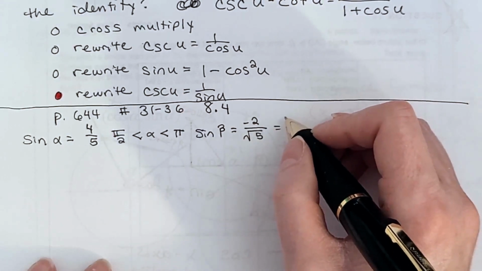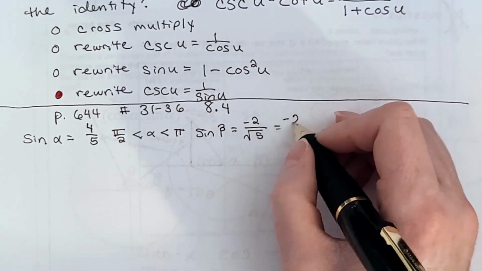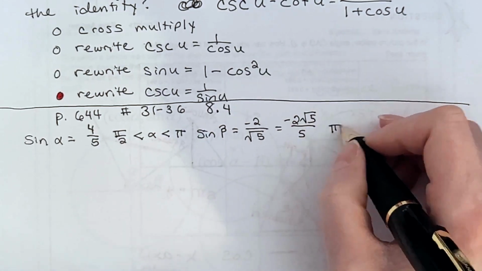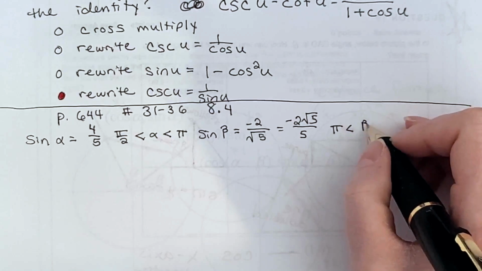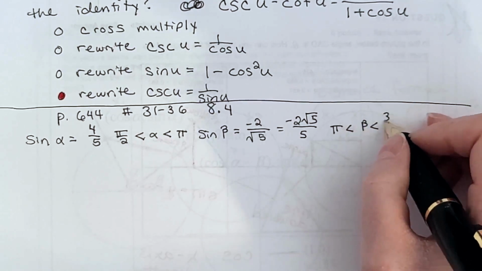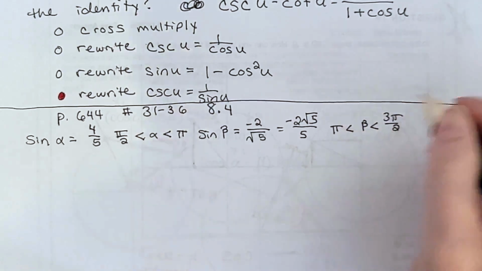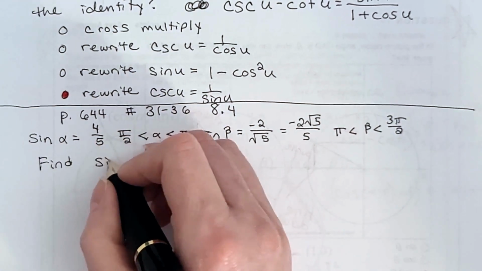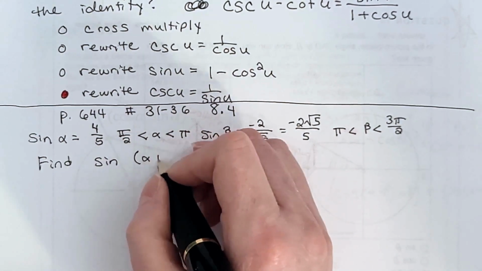And of course, if you would write that properly, that would be -2√5/5. And beta is between pi and 3π/2. And then the question would say, find sine of alpha plus beta.